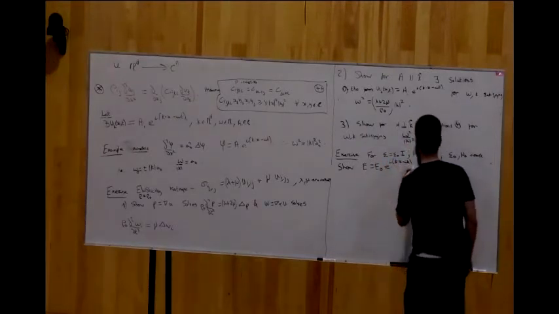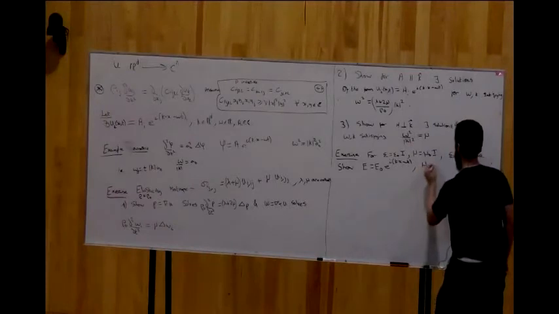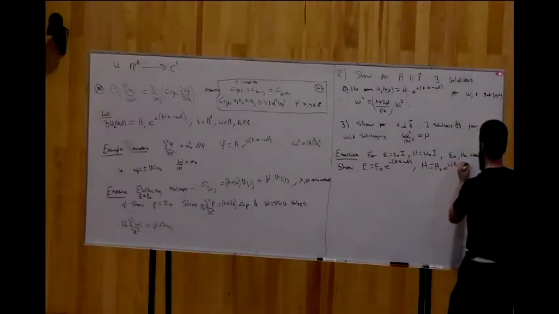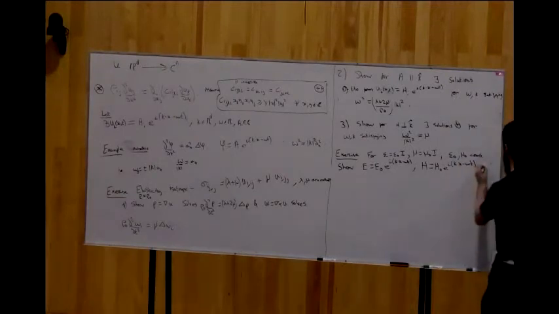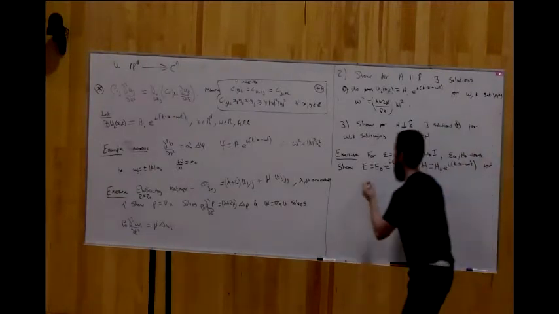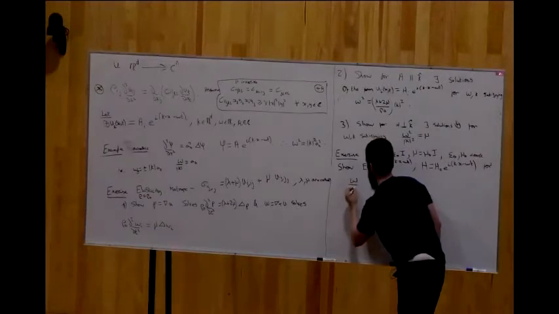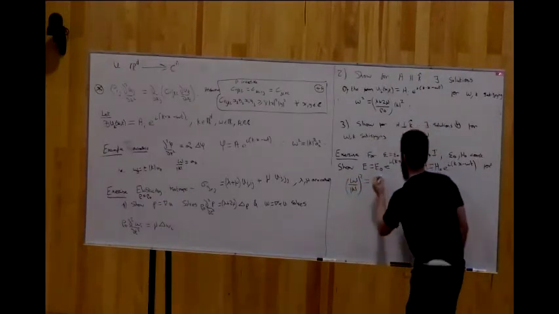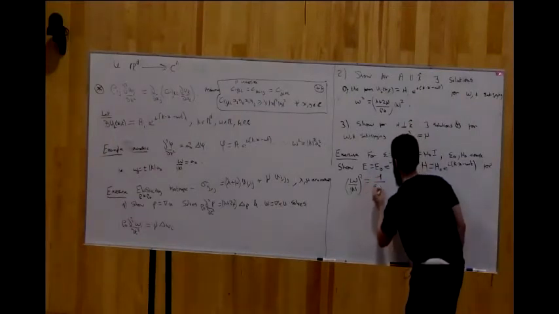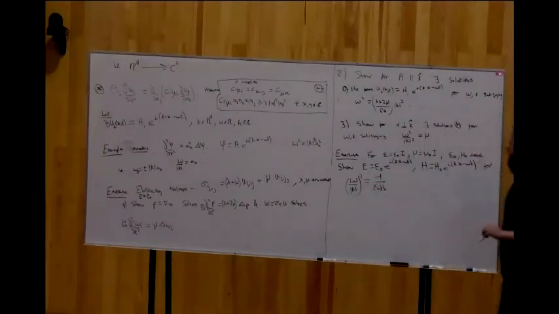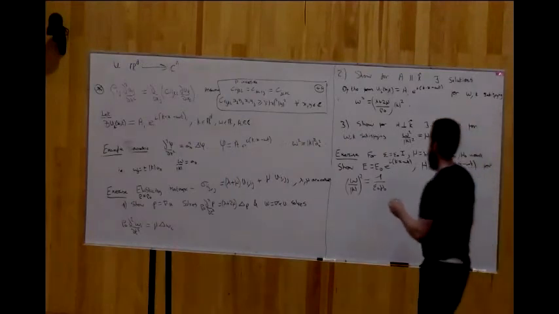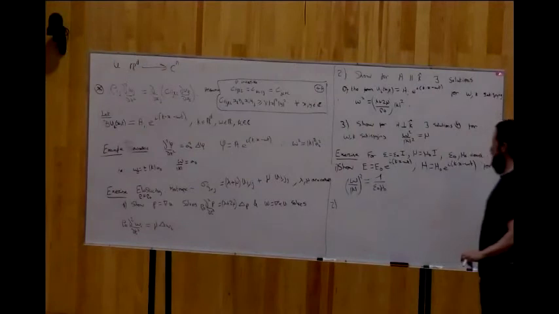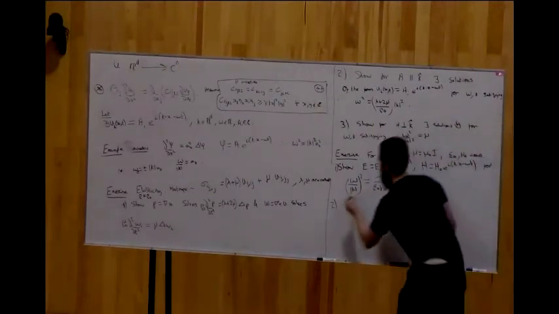The electric and magnetic field are of the following form, and the velocity this time of these waves is given by the following relationship. So this is 1.